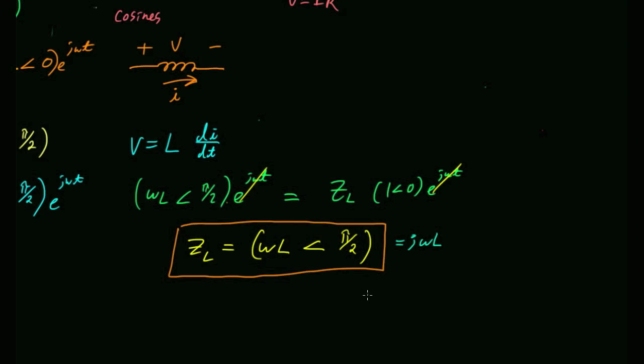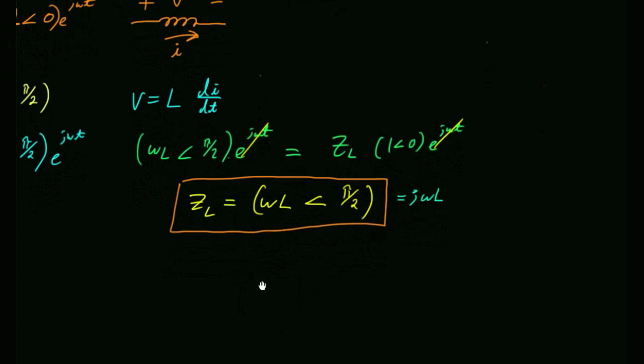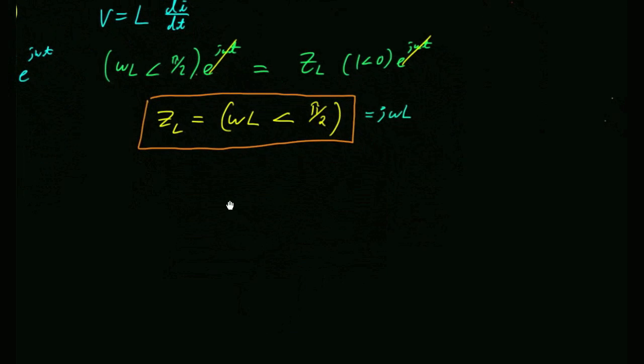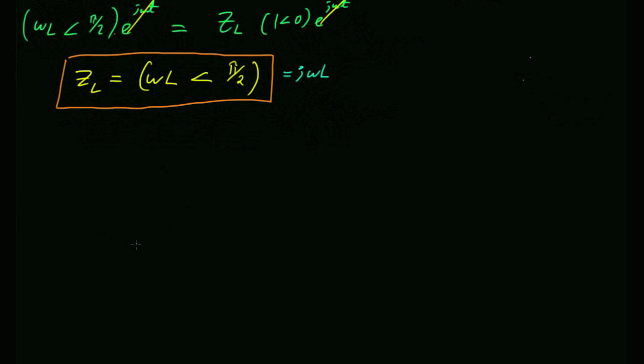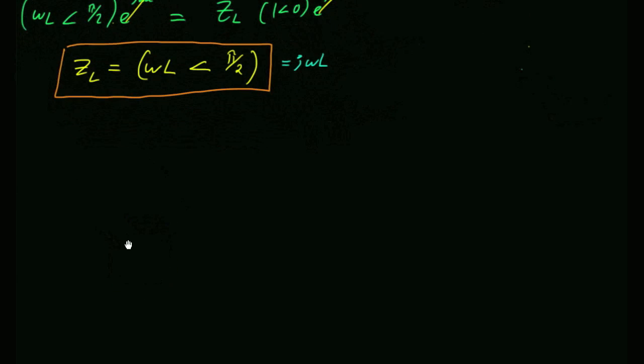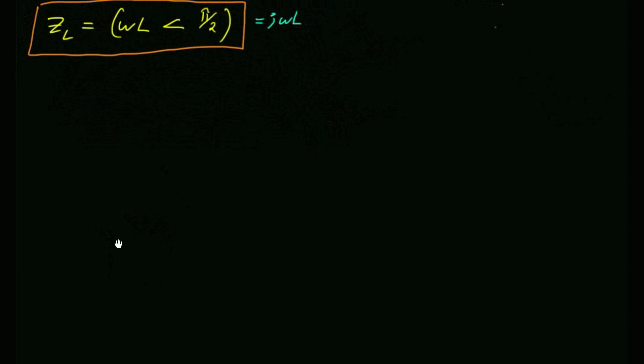So let's start with something pretty straightforward. Let's have a voltage source. Actually, let's write it like this. When you put a little twiddle inside your voltage source, that shorthand means we're just putting in a cosine.